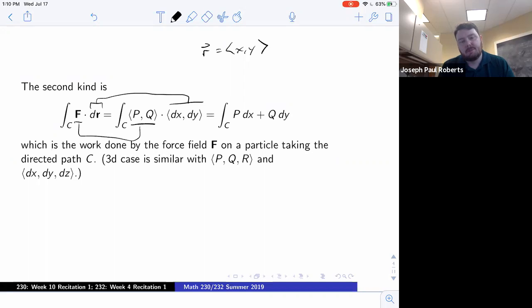So the position vector is the vector with components of the x and y coordinate of a particular point. But anyway, think of dr vector as being dx comma dy, so that when you actually do that dot product, you get P dx plus Q dy. Okay, and so those are just different ways of writing the same thing.